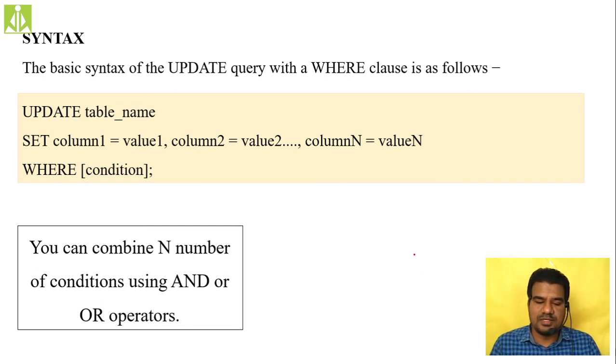If you are not writing this where condition, not specifying any condition, all the records will be selected, and in those records, whatever column values you are asking it to change, all those values will be changed. When we do the practical example, you will understand.